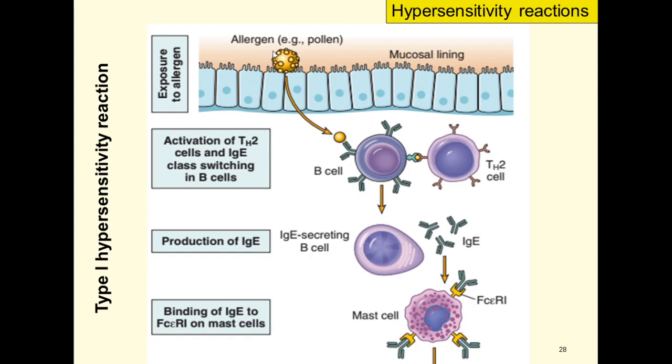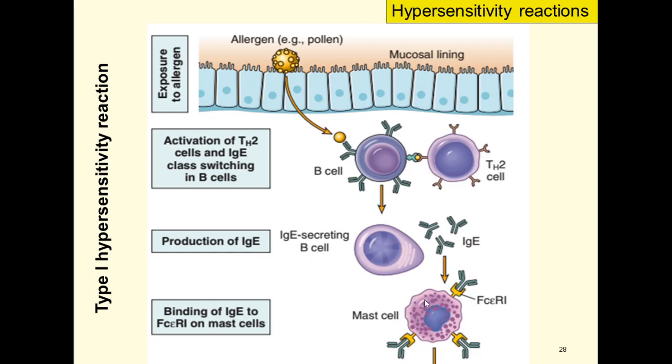So these antigens were presented to B cells by T lymphocytes. Then the B cell becomes a plasmacyte, and this plasmacyte synthesizes immunoglobulins E. These immunoglobulins fix or bind on the surface of the mast cell.